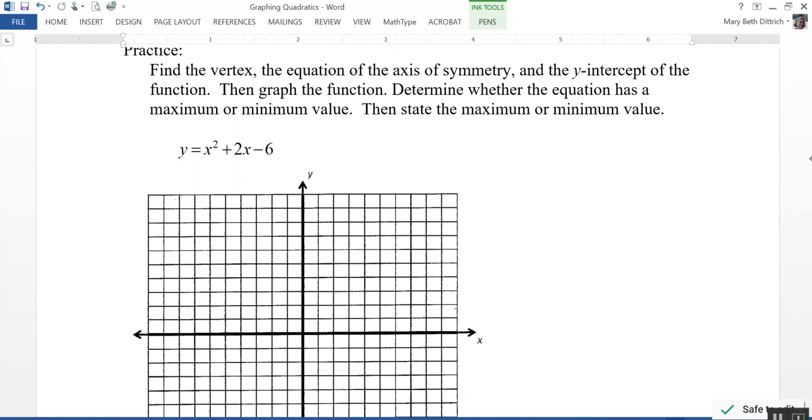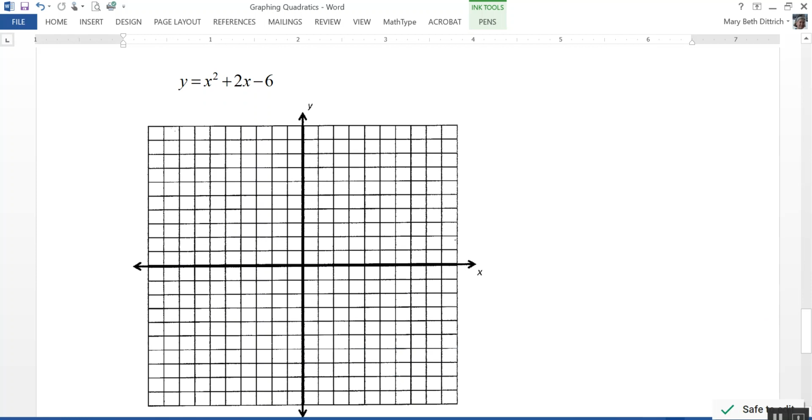Okay, so to find the vertex of this function, again, I'm going to do x equals negative b over 2a. So x equals negative 2 over 2 times 1, which is going to give me a negative 1. To find the y of my vertex, I'm going to plug negative 1 in for x. So I'll have negative 1 squared plus 2 times negative 1 minus 6.